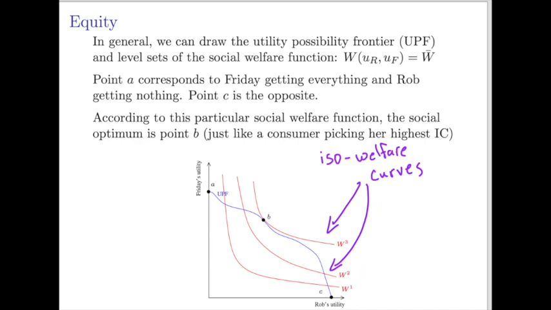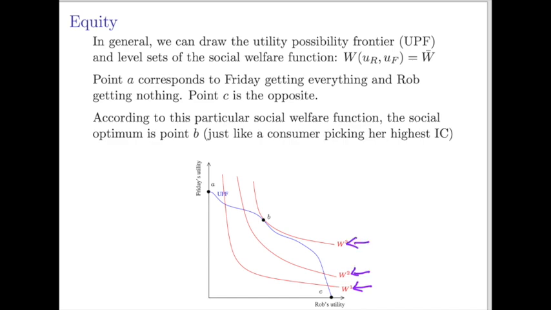So this would be the ISO welfare curve when social welfare is W1, this would be for W2, and this would be for W3. And the higher the social welfare, the higher the curve would be, just like indifference curves.